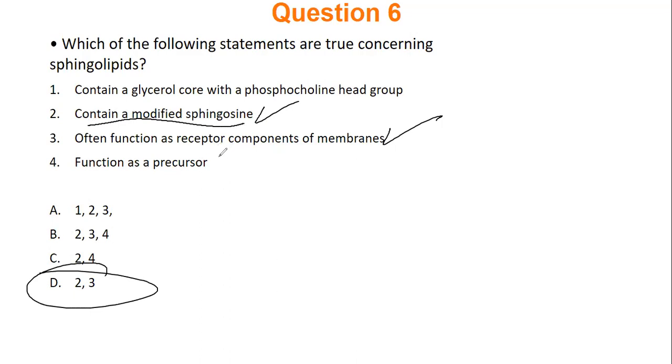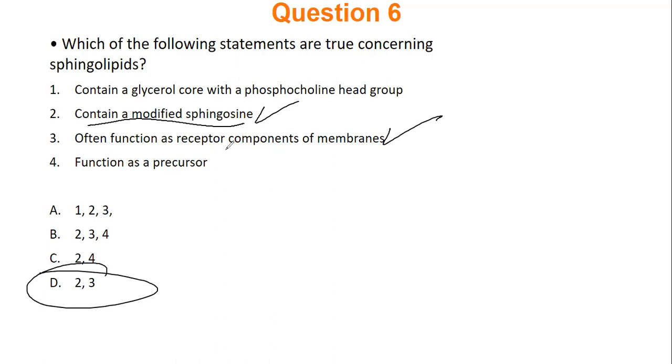I just told you functions as a precursor. Not really. We don't take sphingolipids and make them into anything. Later today, or early Friday, we're going to talk about precursors and show you exactly what a precursor is. But a precursor is like a building block. Amino acids are more or less precursors for a protein, kind of.